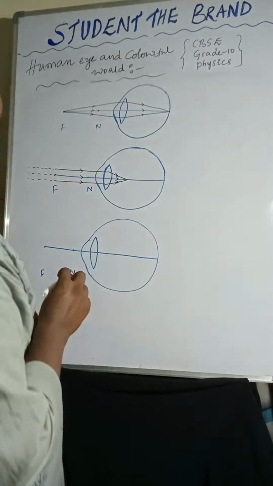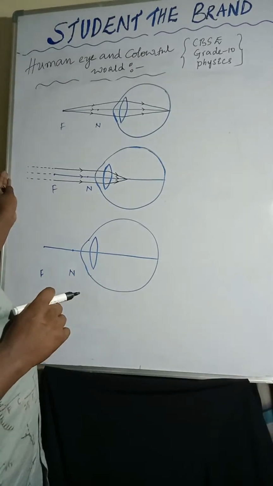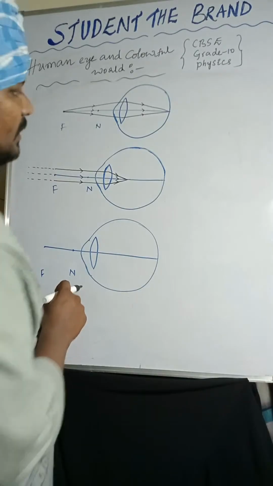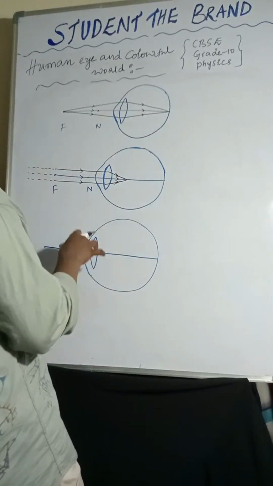Light rays are coming from infinity. These dotted lines represent light rays coming from infinity. That is the far point of the myopic eye.